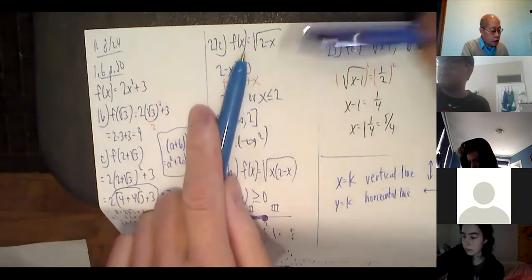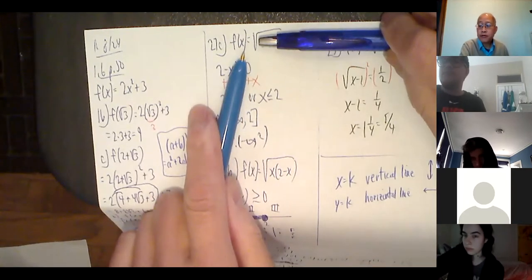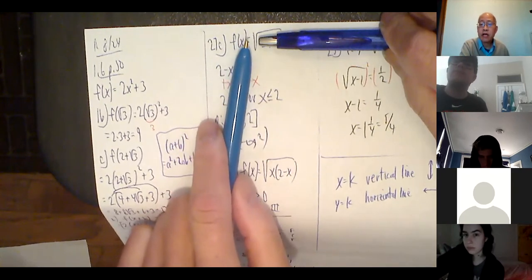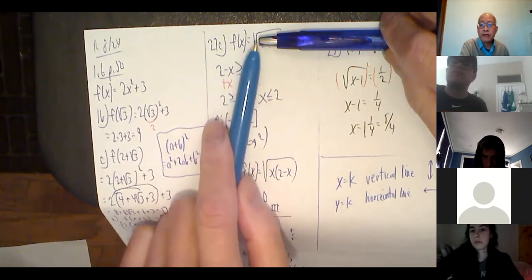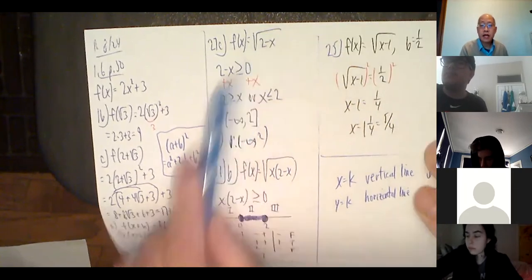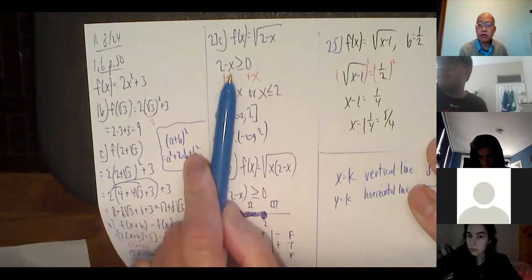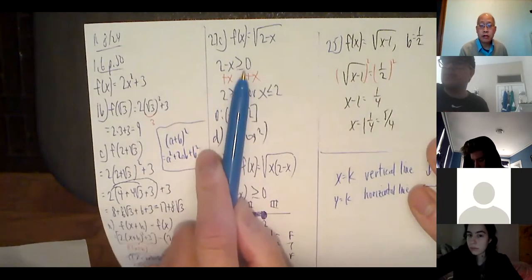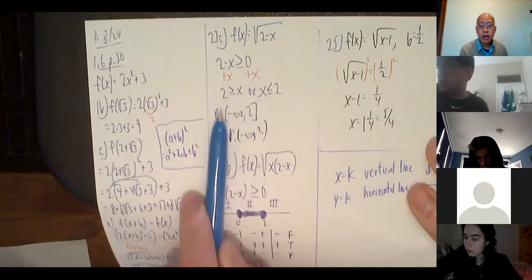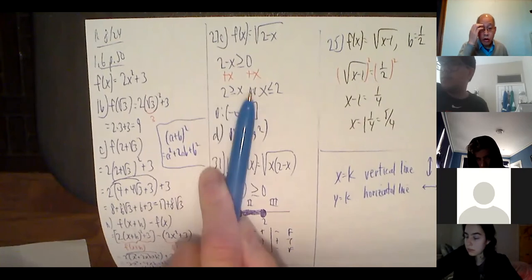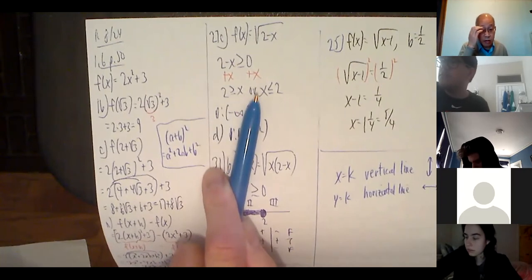Okay, so we know, cover this up for a moment, when you have the square root of anything, it has to be greater than or equal to 0. So whatever is behind my pen, 2 minus x, I just set it to be greater than or equal to 0, right? You can't take the square root of a negative, that's not allowed. Okay, add x to both sides, and 2 is greater than or equal to x, or traditionally we would write x is less than or equal to 2.